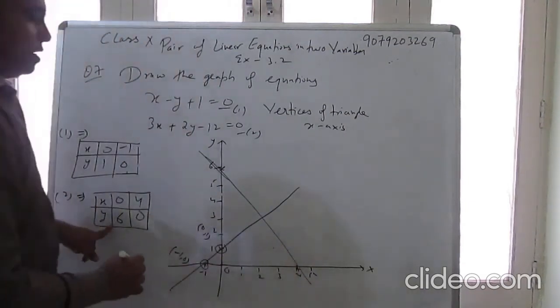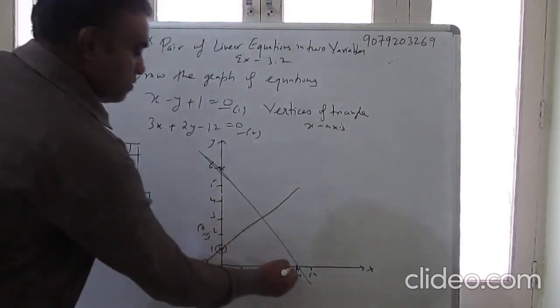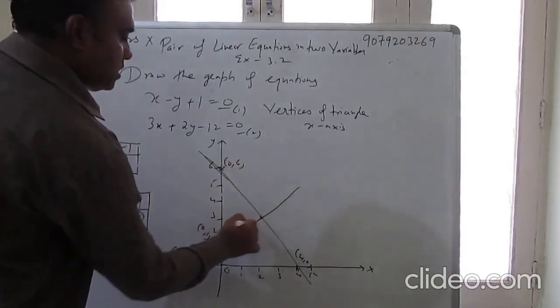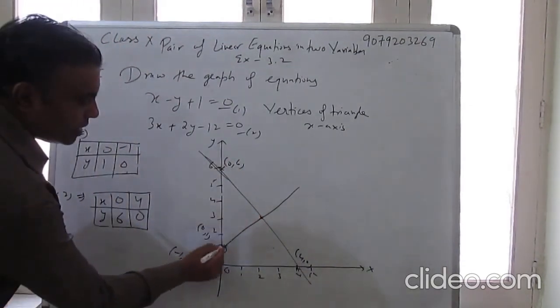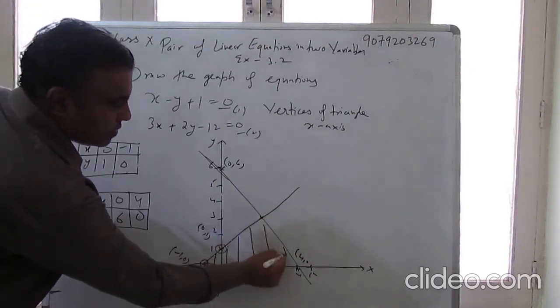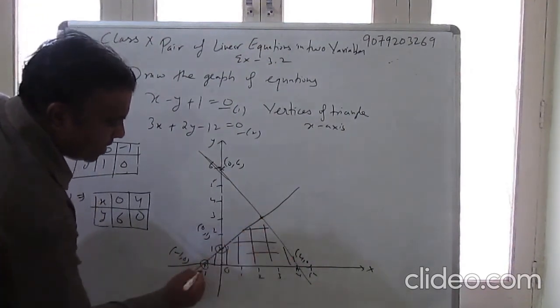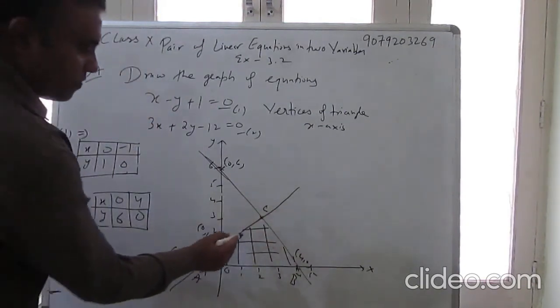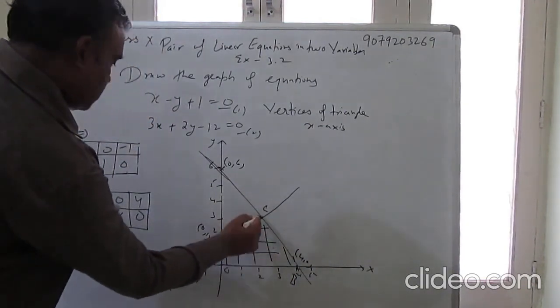This is the line. This is 4, 0. This is 0, 6. This is the intersecting point. You have to shade the triangle and give it the names A, B, C. C is somewhere around 3 and 3.